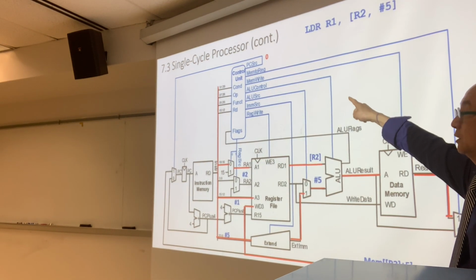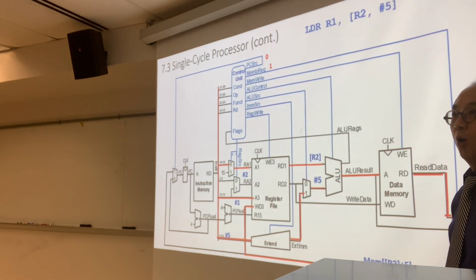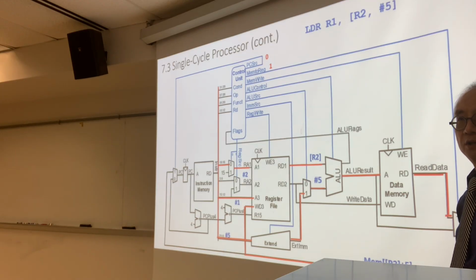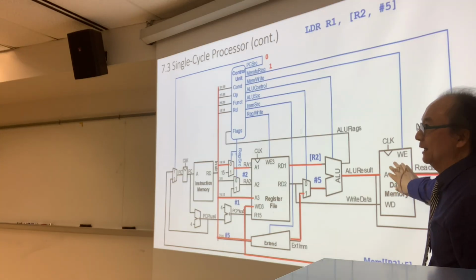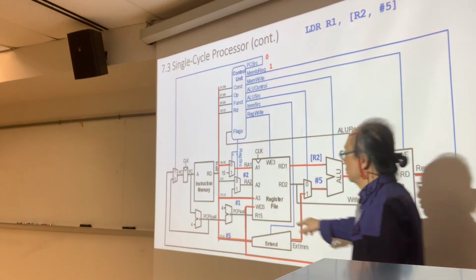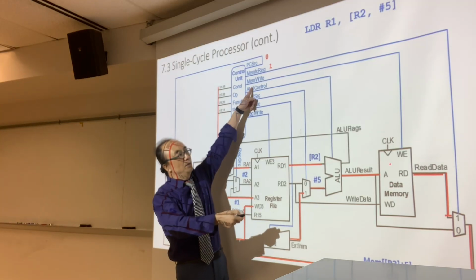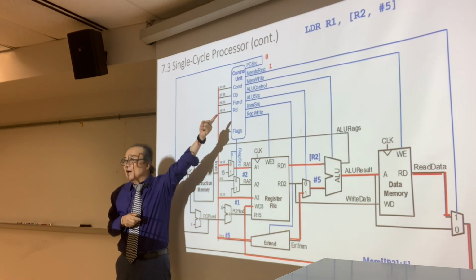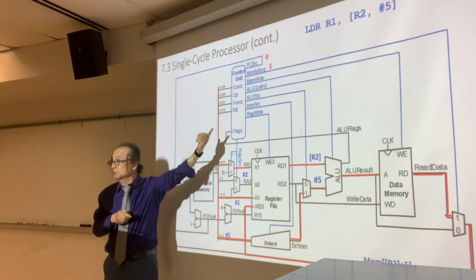So that's how you read it, memory to register. So that's going to be 1 only for LDR instructions. That makes sense. LDR is the only instruction where we get the content of memory and store it into a register. Mem write. So we're going to write into memory. What's it going to be? Are we writing something into memory in this instruction? No, it's going to be 0.